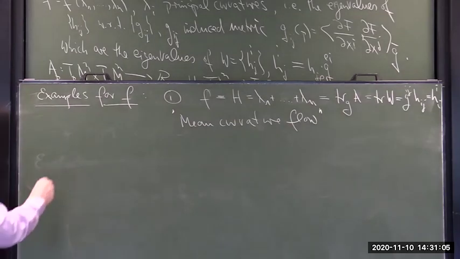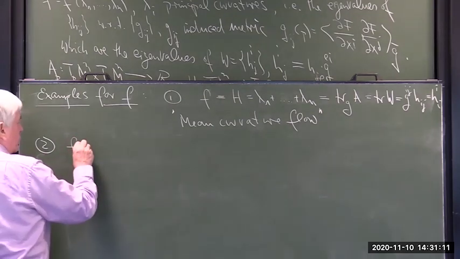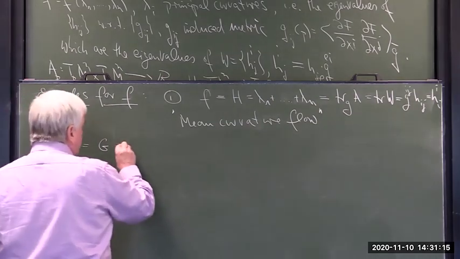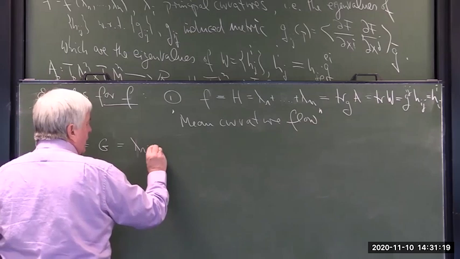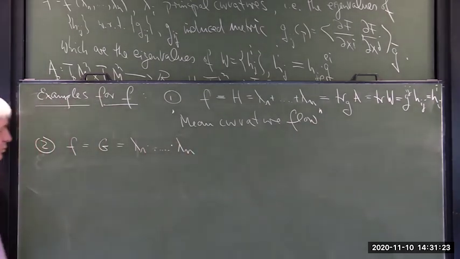Now, the second possibility would be to take f to be the Gauss curvature, which is the product of lambda 1 up to lambda n.